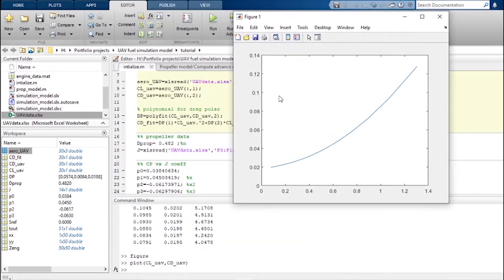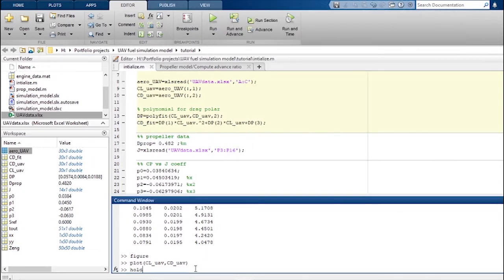So this is the variation of drag coefficient with lift coefficient. At the same time, you could also see how well the polynomial that I have generated would map the same data.